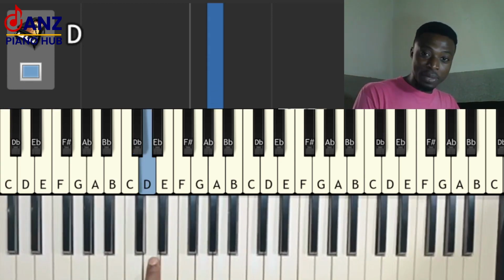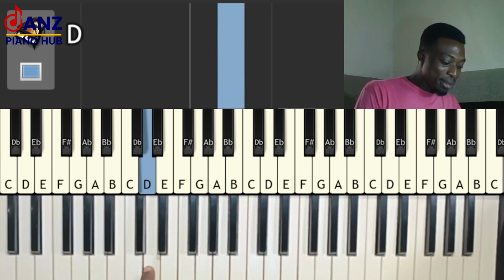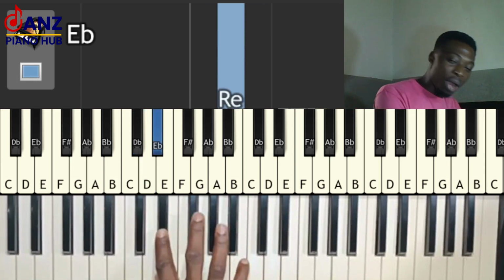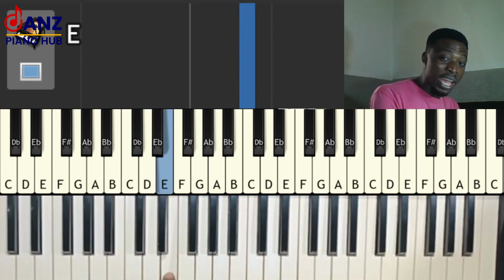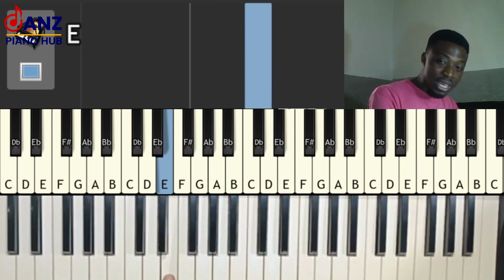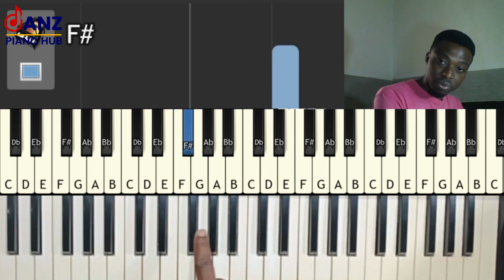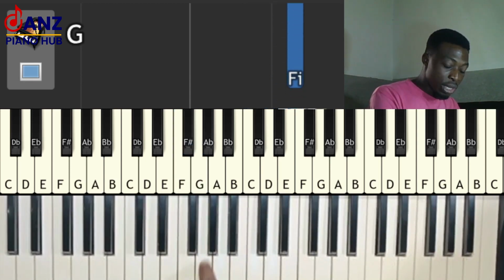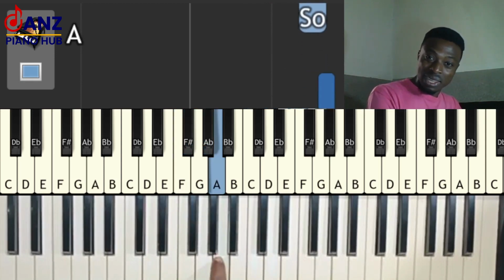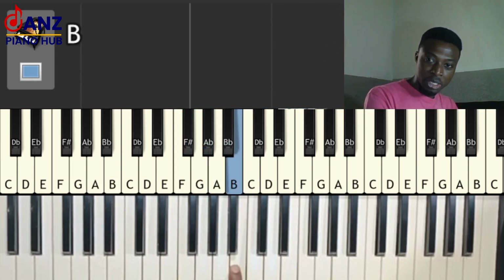Starting from here, it's our D major scale, then E flat major scale, E major scale, F major scale, F sharp major scale, G major scale, G sharp major scale, A major scale, B flat major scale, and B major scale.